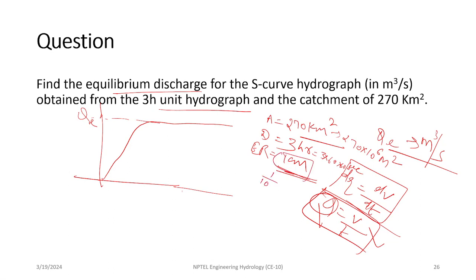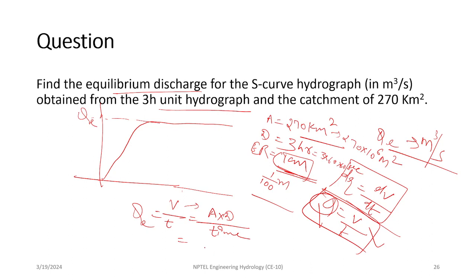So 1 centimeter will be 1 upon 100 in meter. Okay, so if we want to compute QE, it will be volume divided by time. So total volume, if you want to compute, will be further divided into area of the catchment and excess rainfall depth. So I am writing it as D, and divided by time.